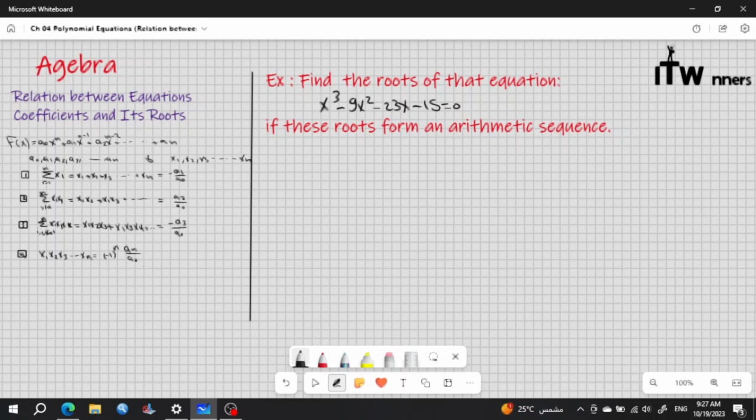Okay, so for the arithmetic sequence, we can write that our roots are a − b, a, and a + b. These numbers form an arithmetic sequence.